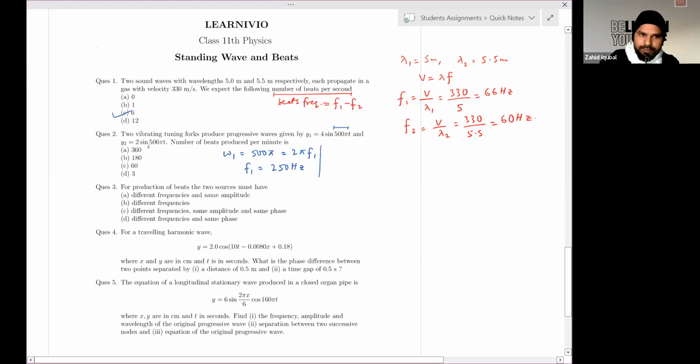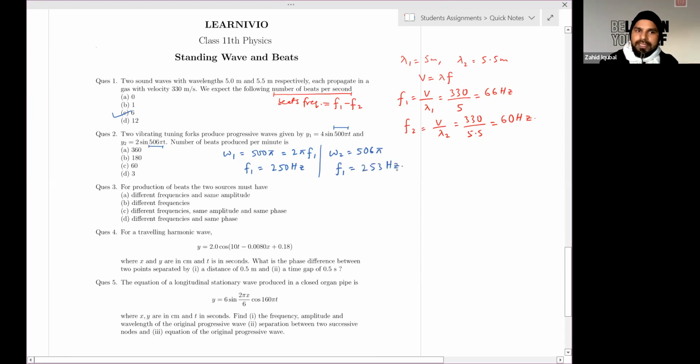Similarly, in the second equation, we have 506 pi as omega, equated to 2 pi f, so the frequency will be 253 hertz.